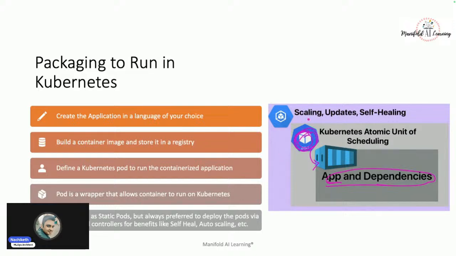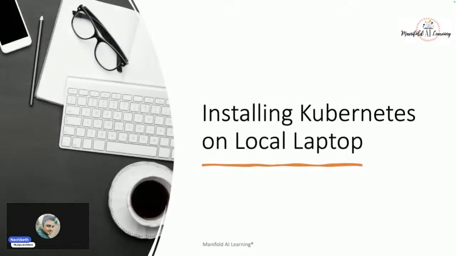So we will wrap this pod inside such high level objects of Kubernetes so that we can enjoy the benefits like scaling, updates, and the self healing abilities. Okay, that's the overall idea about packaging our application to run inside the Kubernetes.